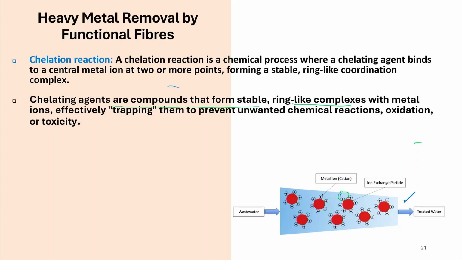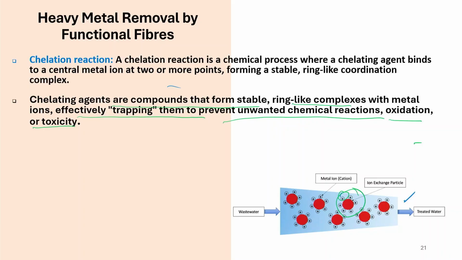So, these are the metal ions which are present in the water as pollutant, they form this compound and trap these metal ions. Okay. So, they are trapping them to prevent unwanted chemical reaction, oxidation or toxicity enhancement.